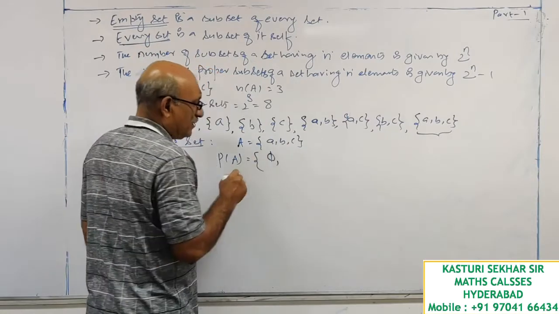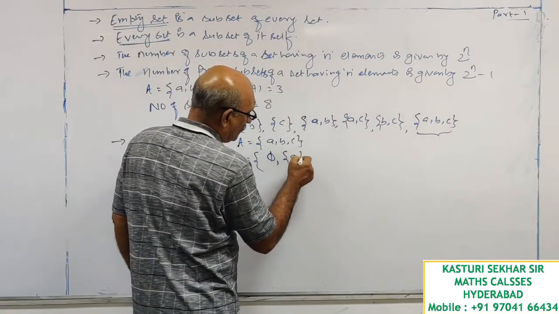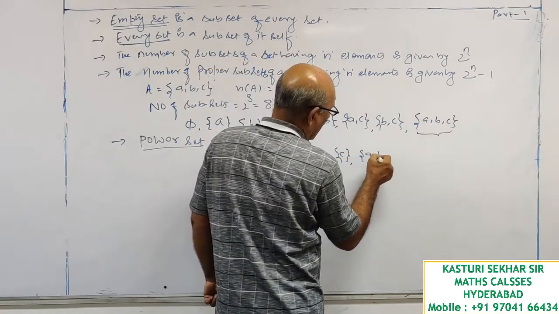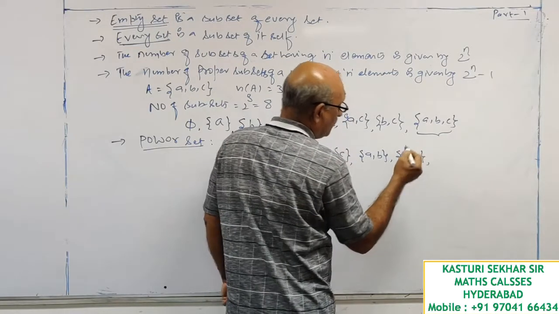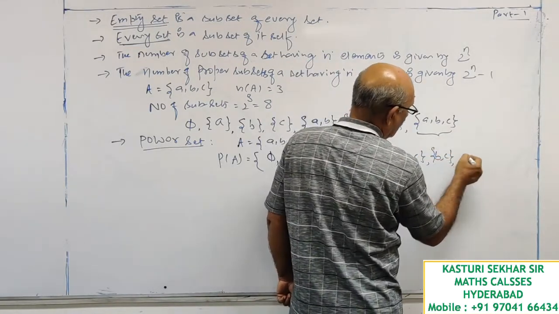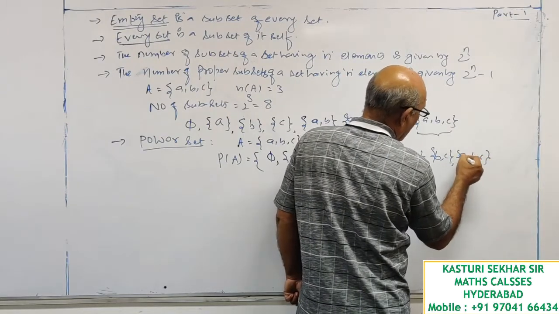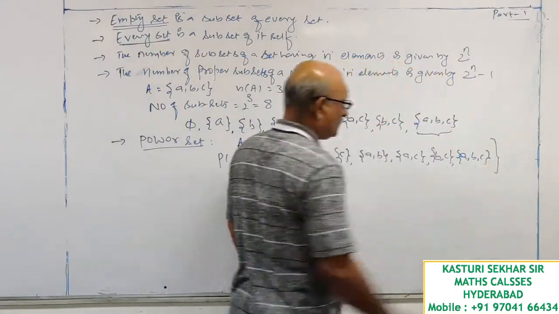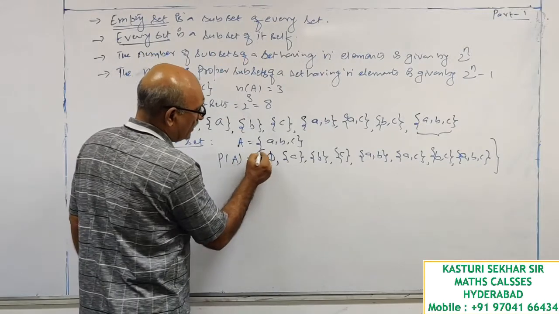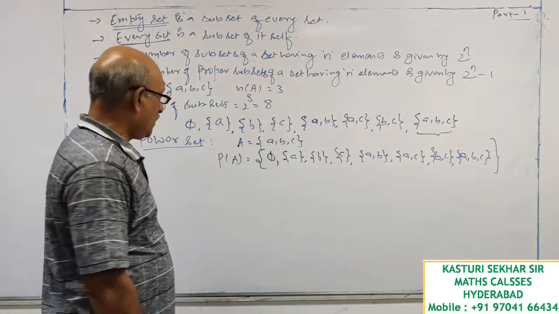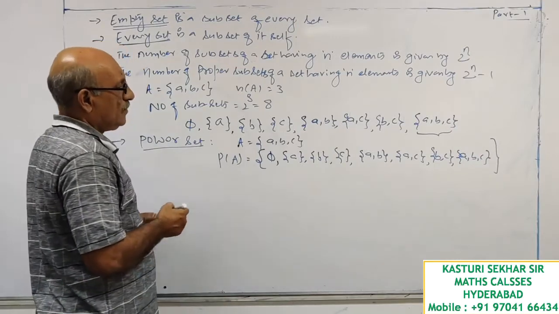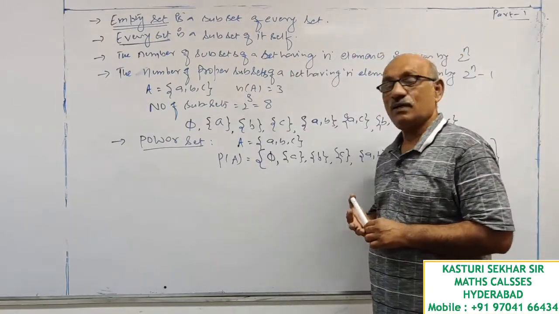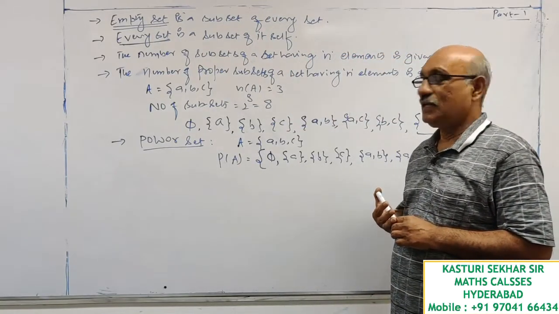Look at this: empty set, A, B, C, A, comma, B, A, comma, C, B, comma, C, A, comma, B, comma, C. Here we included all the subsets of the given set and closed it with braces. This is called a power set. So how are you defining a power set? A set which contains all the subsets of a given set as its elements.